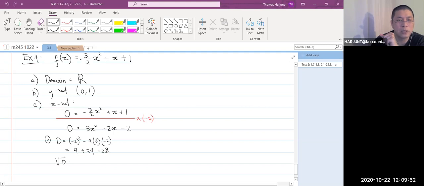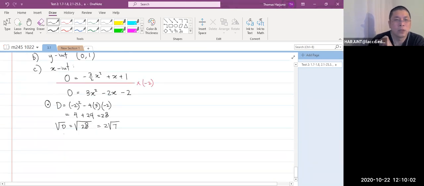Square root of D is square root of 28, which is 4 times 7. So x1,2 will be negative b plus minus square root of D over 2a.